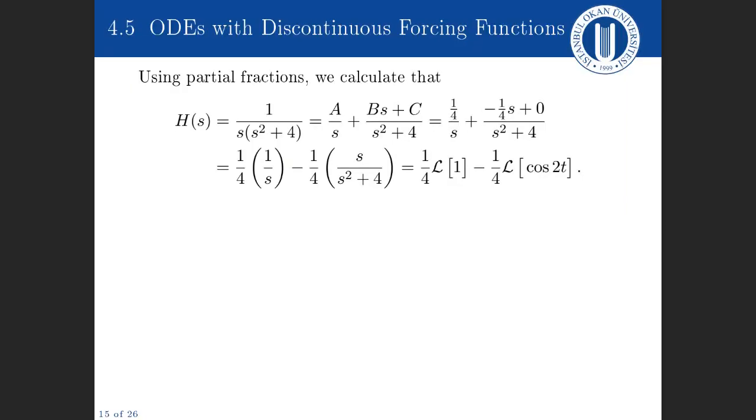So first, capital H we can write in terms of partial fractions. That's a quarter multiplied by 1 over s minus a quarter multiplied by s over s squared plus 4. But that's just a quarter multiplied by the Laplace transform of 1 minus a quarter multiplied by the Laplace transform of cos 2t.